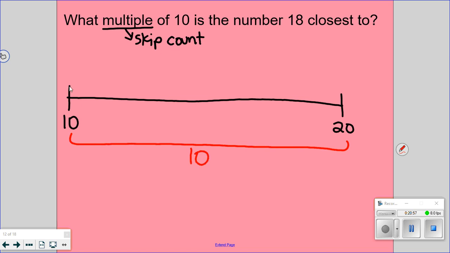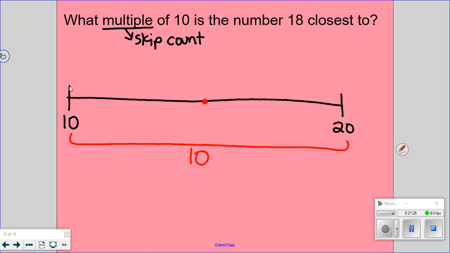So what's going to be my middle number? If you don't know, strategy: 10, 11, 12, 13, 14, 15, 16, 17, 18, 19, 20. What is that middle number?